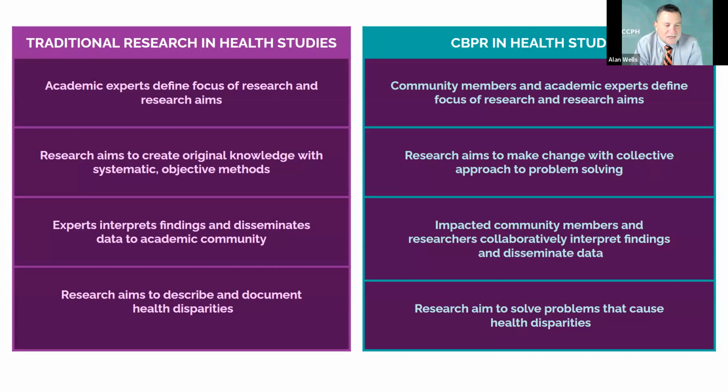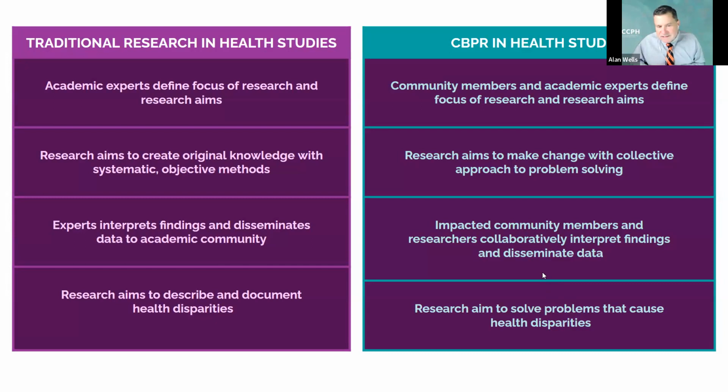In traditional research, experts interpret findings and disseminate data to an academic community. In CBPR studies, the impacted community members and researchers collaboratively interpret findings and disseminate data. And that's what our session today is about, the research design and dissemination of the ideas generated together.